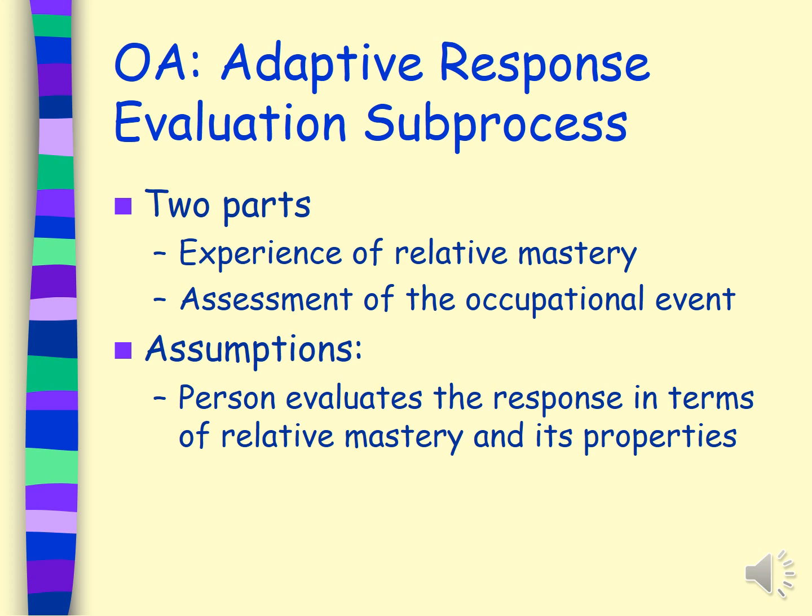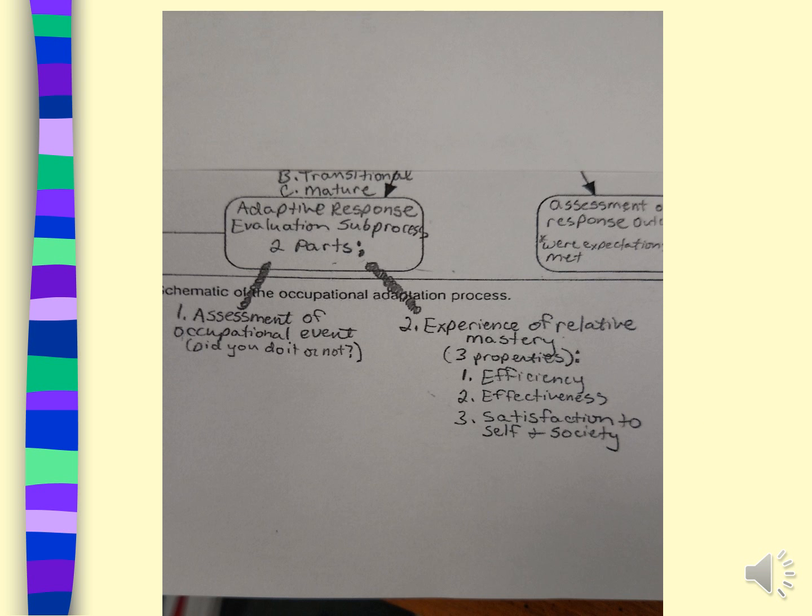Did they do good or did they not do good? So just to give you a visual here, we're looking at the adaptive response evaluation subprocess, and we're looking at the assessment of the occupational event. So the client is saying, hey, did I do this or did I not do it? Did I really brush my teeth or did I not brush my teeth?